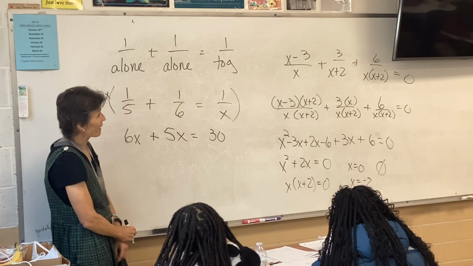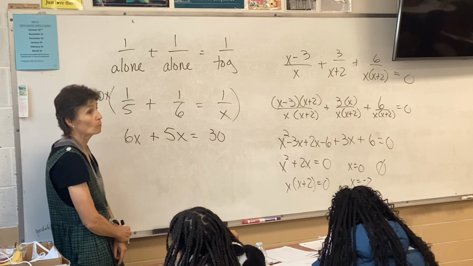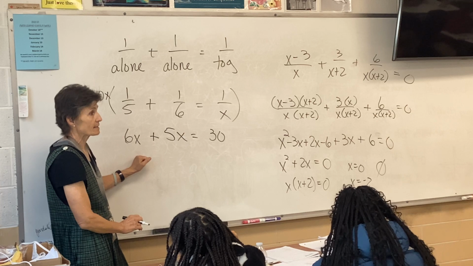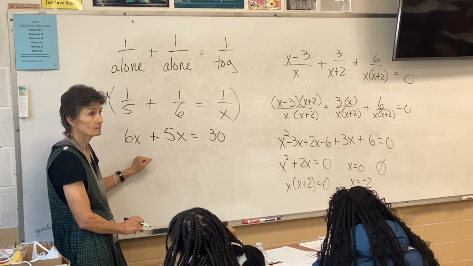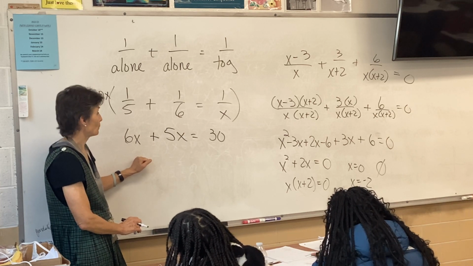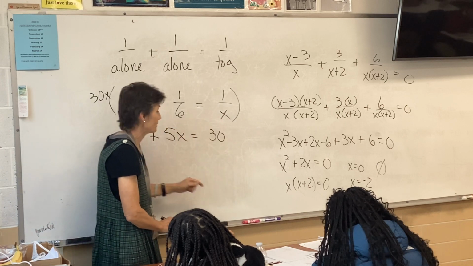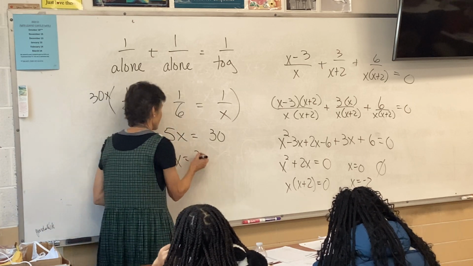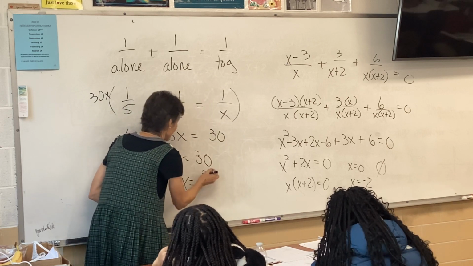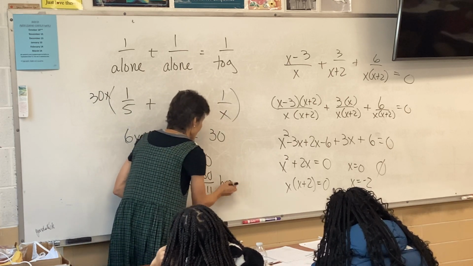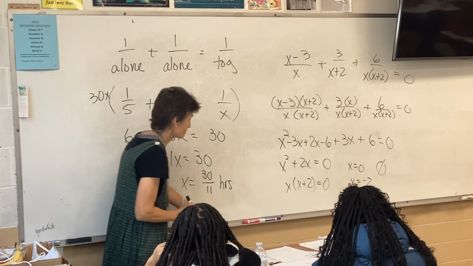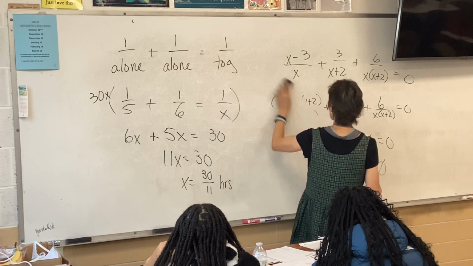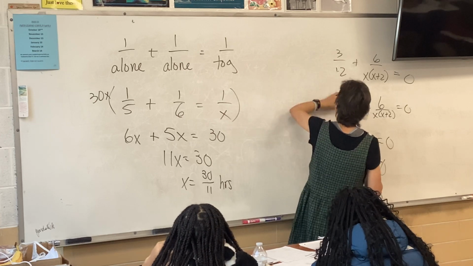Now, that isn't exactly how we did our last problems, but this will absolutely work. 30x is the common denominator. We just didn't physically get the common denominator, we kind of cleared it out. So 11x equals 30, and the answer is whatever 30/11 hours is. That's how long it'll take them. Not quite 3 hours to do the job together.